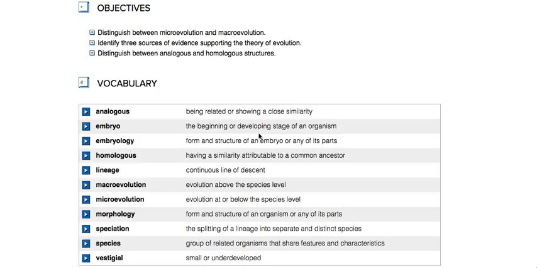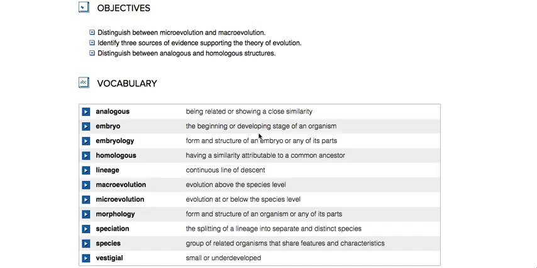Some of the objectives that the project is seeking are that you be able to understand the differences between micro and macro evolution, talk about some sources of evidence that support the theory of evolution as presented to you, and distinguish between analogous and homologous structures.